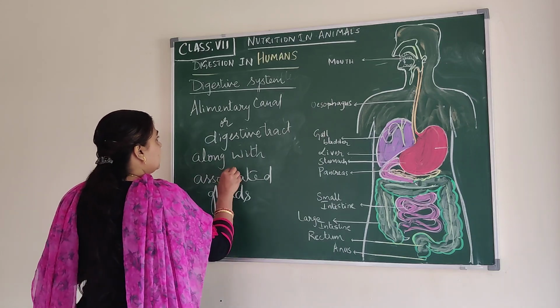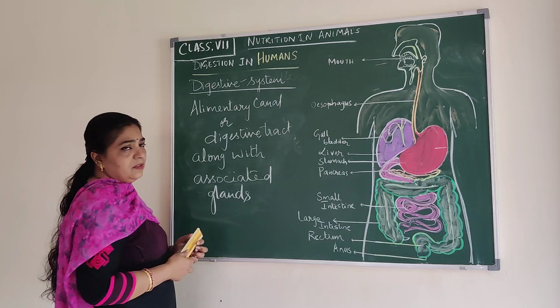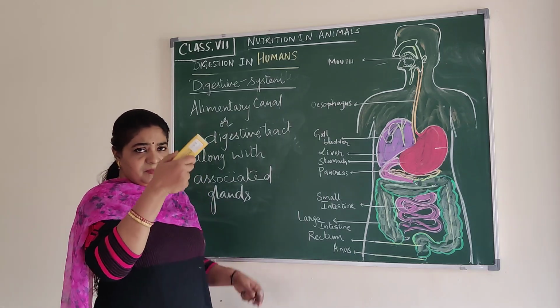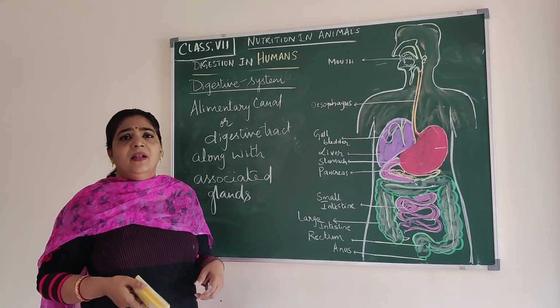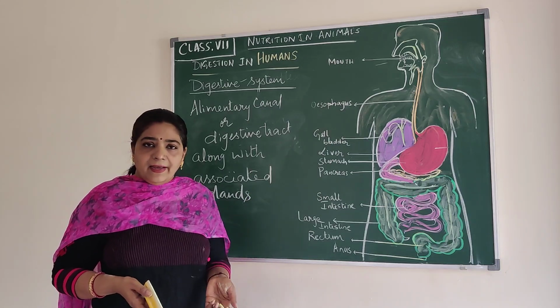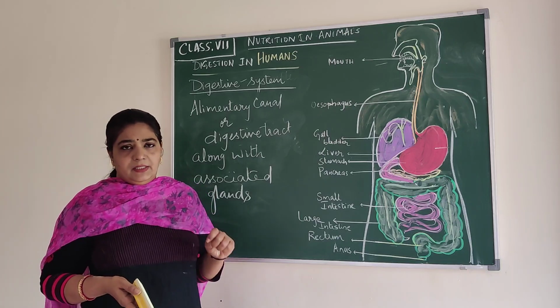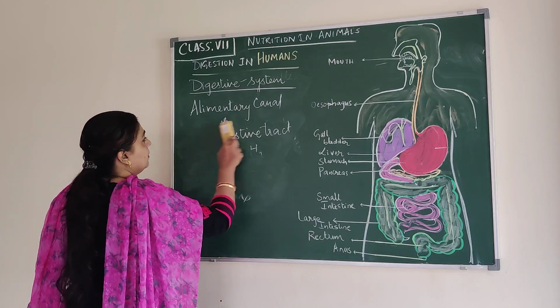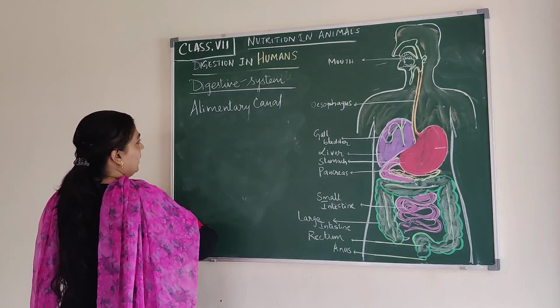Together they form our digestive system. Now let us see the organs of the alimentary canal and the glands which help in digesting the food.